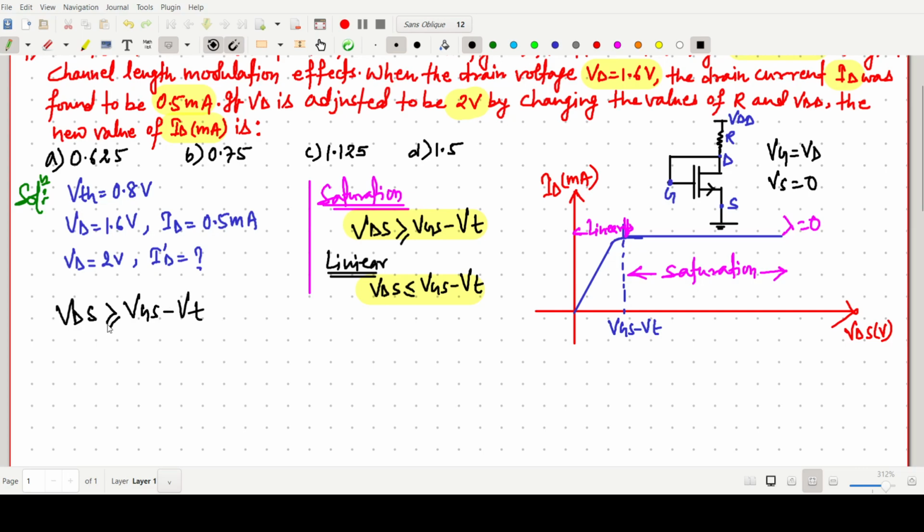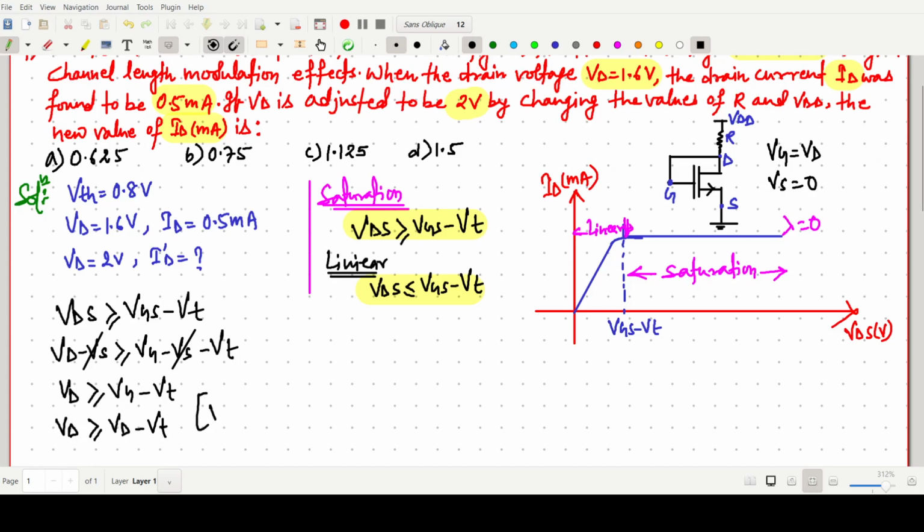The source is grounded, so one can write in more detail VGS minus VS minus VT. This VS will be cancelled, both are 0. And VD greater than VG minus VT is the condition for the saturation region. This VD we can write as VD minus VT, because VD equals VG from the figure.